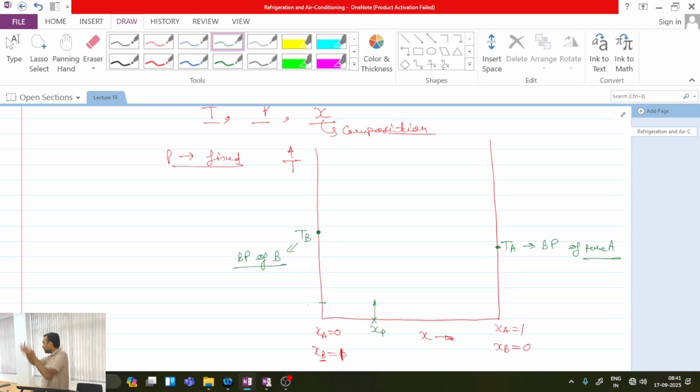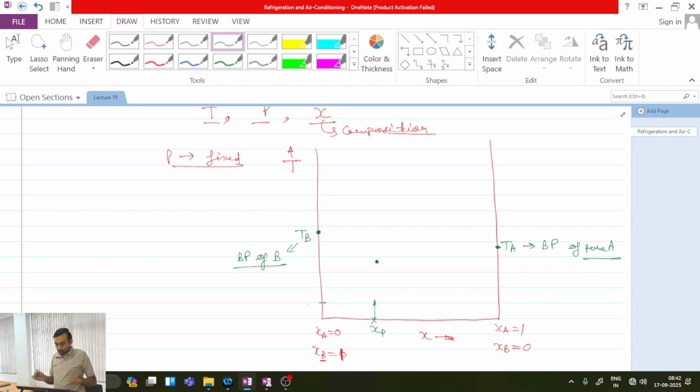And after a certain point of time, upon further heating, I will find the appearance of some vapor bubble. Okay. So let us consider that when I started heating, at this point I have the presence of the first vapor bubble during the heating process. Is this one clear? All of you agree to this point?